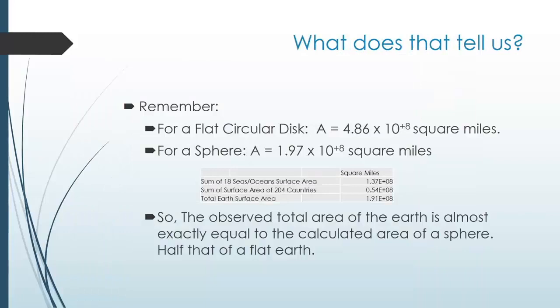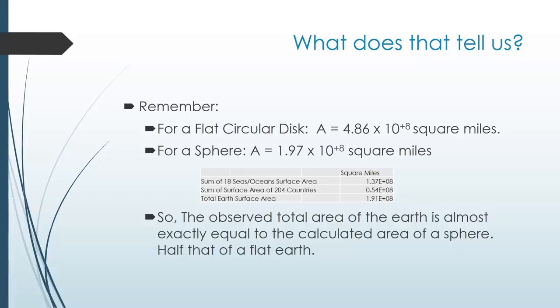So let's remember back a couple of slides. For a flat circular disc, the surface area was 4.86 times 10 to the 8 square miles. For a sphere, the surface area was 1.97 times 10 to the 8 square miles.